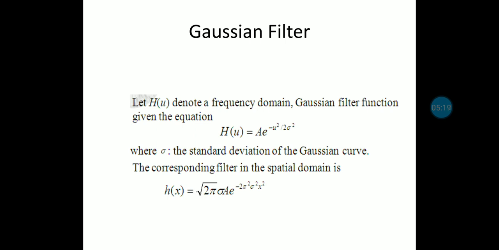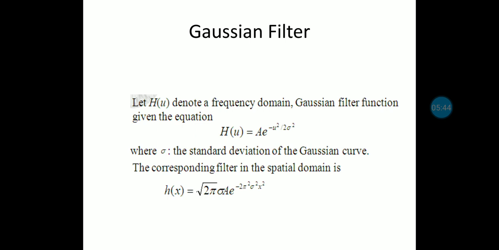Here, sigma is the standard deviation of the Gaussian curve, and the corresponding filter equation in the spatial domain is given by h of x equal to root 2 pi sigma into a into e raised to minus 2 pi square x square sigma square.